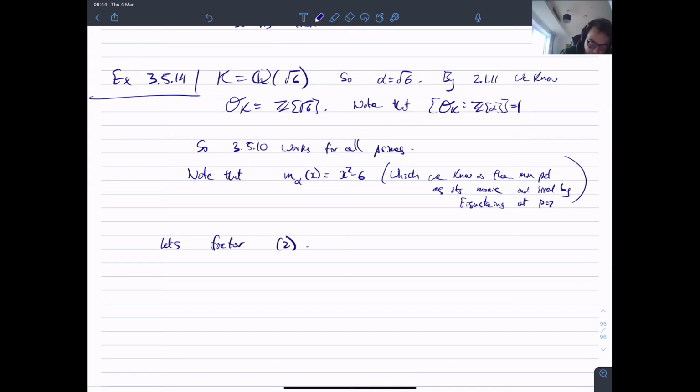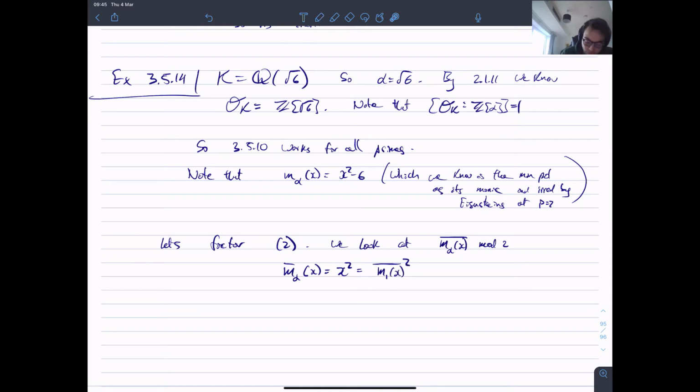If you go back up to the theorem, it says we first need to look at how this polynomial factors mod 2. So we want m_alpha of x mod 2. Maybe I'll put a bar on this. So m_alpha bar of x mod 2: x squared minus 6 is just x squared, which I can write as m_1 of x bar squared.